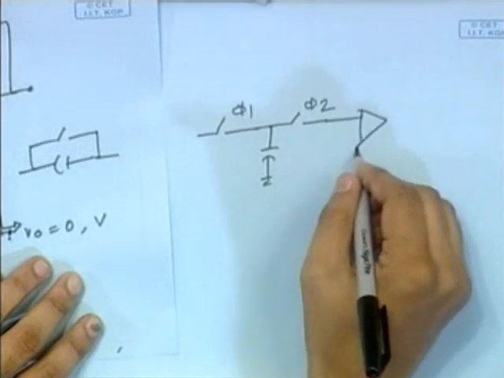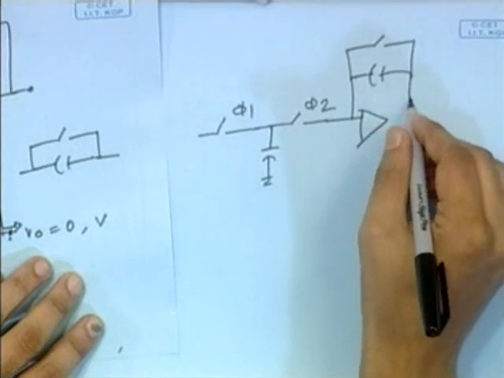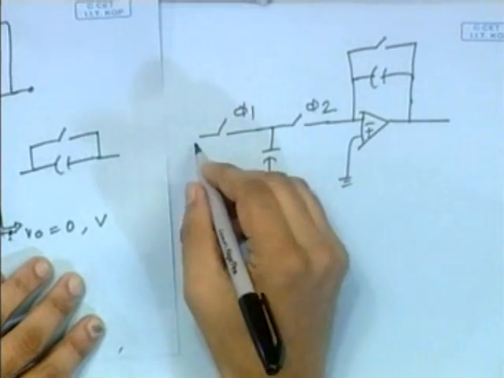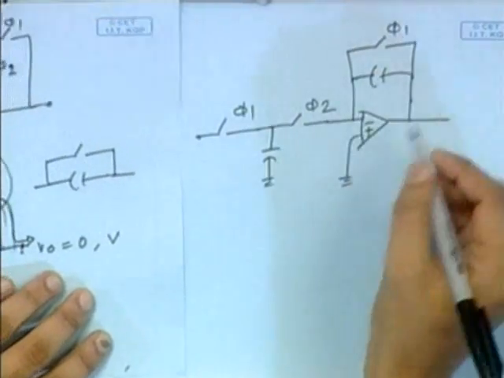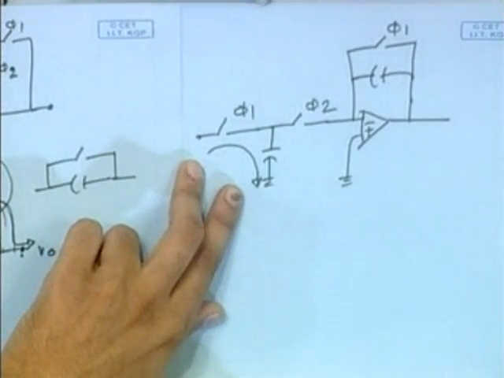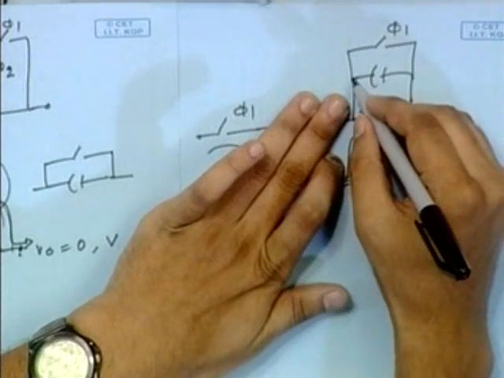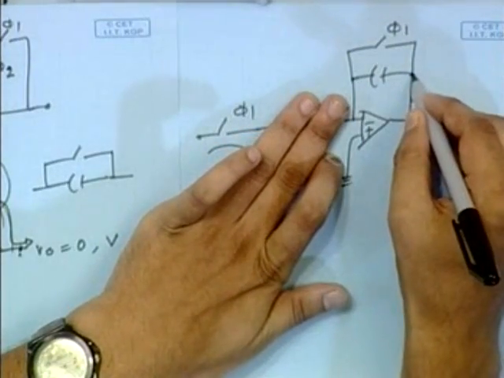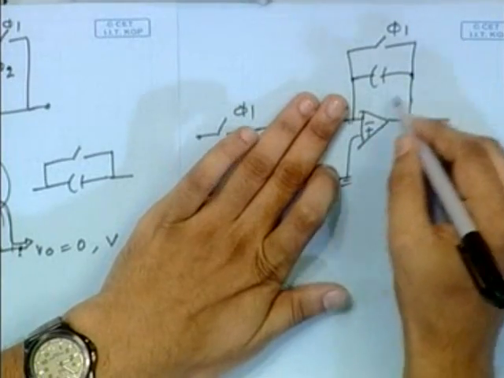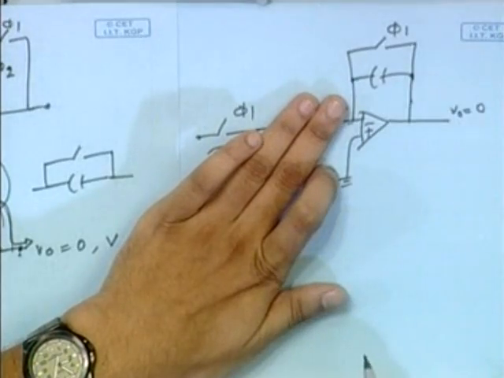Phi 2. Now when phi 1 is on, it will be charged. At the same time phi 2 is off. So this node voltage is equal to this node voltage. This is virtual ground, so V out is equal to 0 volt.